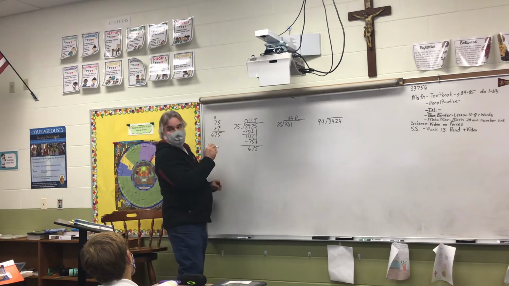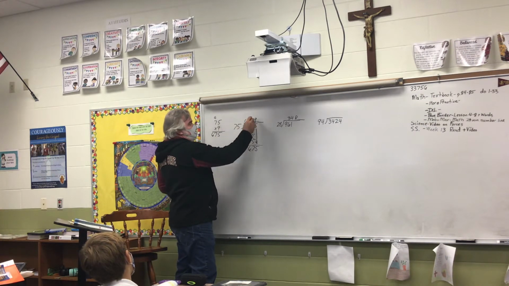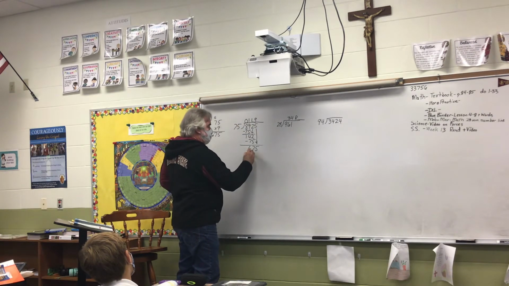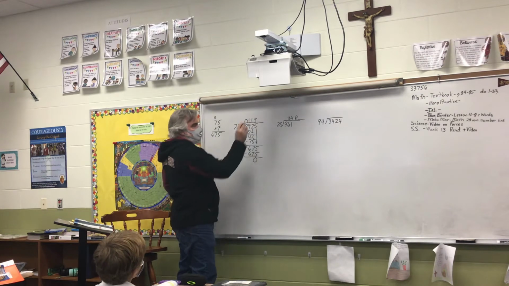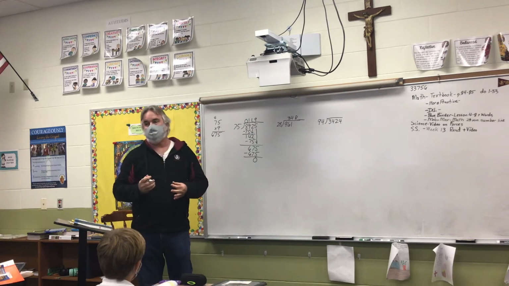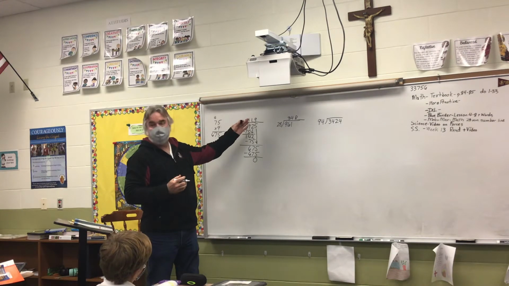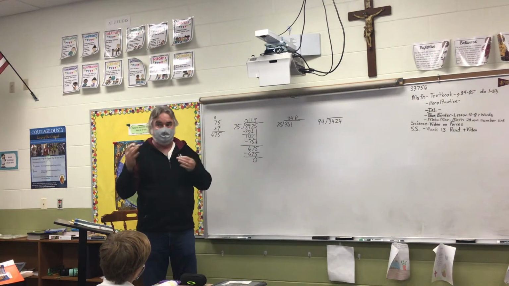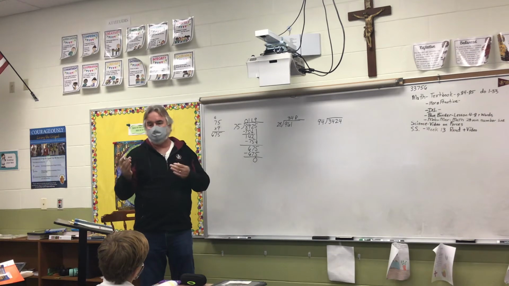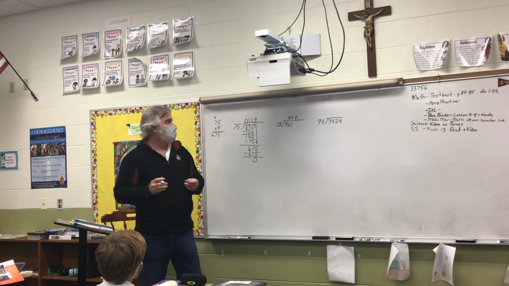Everyone see that? So 9 times 75 is 675. Subtract, I get 0. So basically there is no remainder there. Okay? You can put remainder 0 if you want. For this lesson it may work, but others you're not going to.